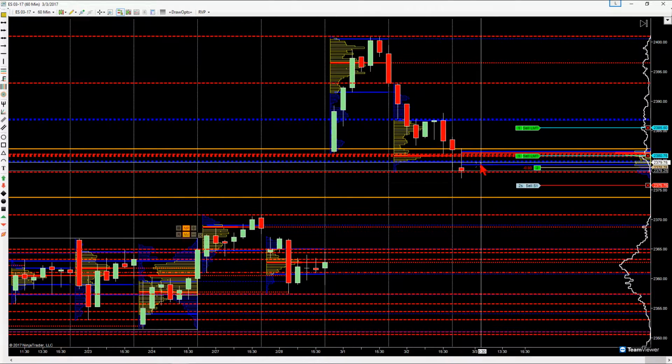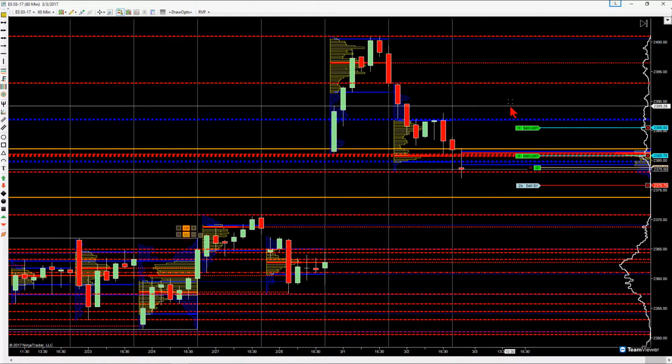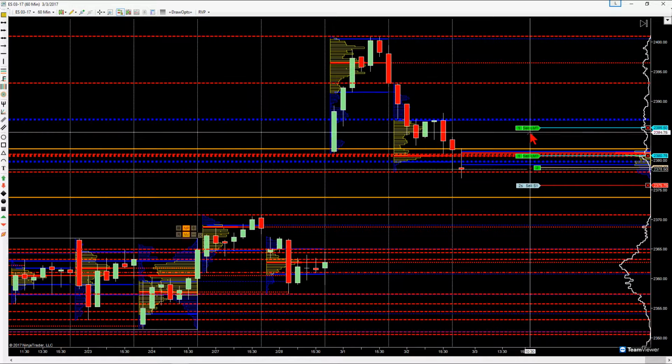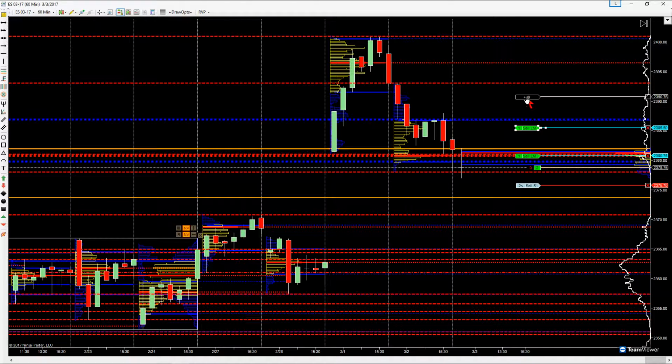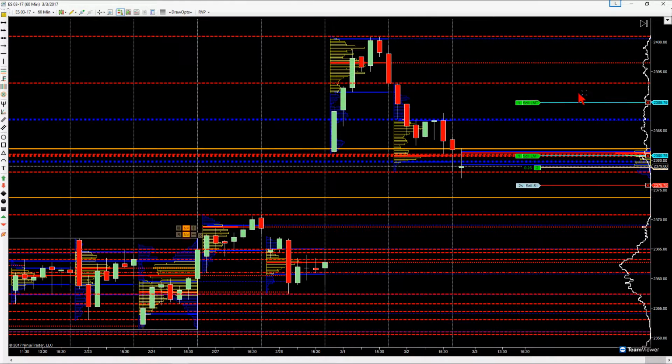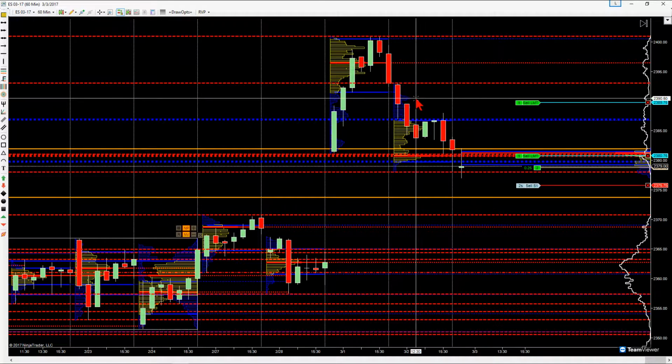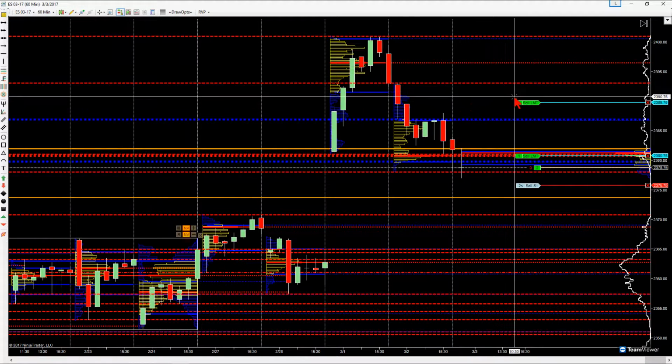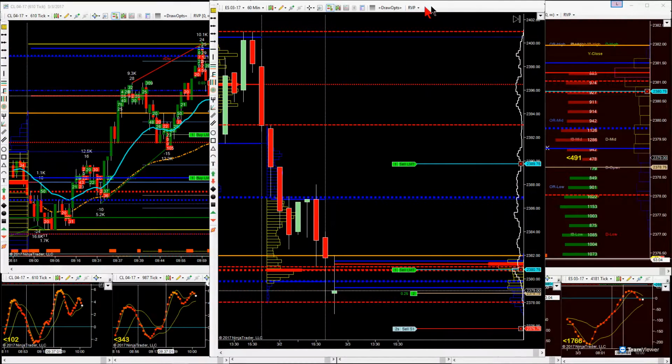In fact, let's come towards the high volume node of the very upper end of yesterday's. That's good right there. So I'm using this high volume node at the very upper end of yesterday's volume profile as our second profit target.